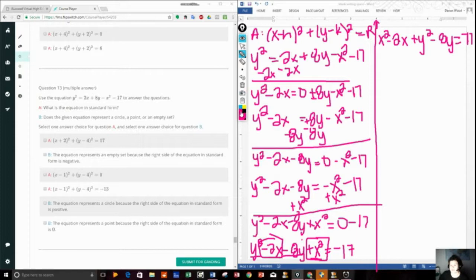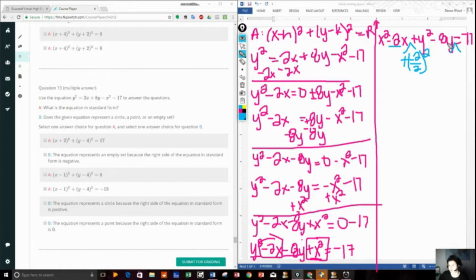Okay, now the next step is we need to add right here and right here. We need to complete the square. So minus 2 is our b, so we are going to add minus 2 halves squared.